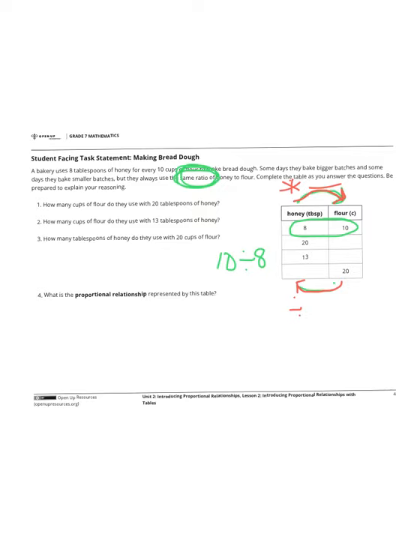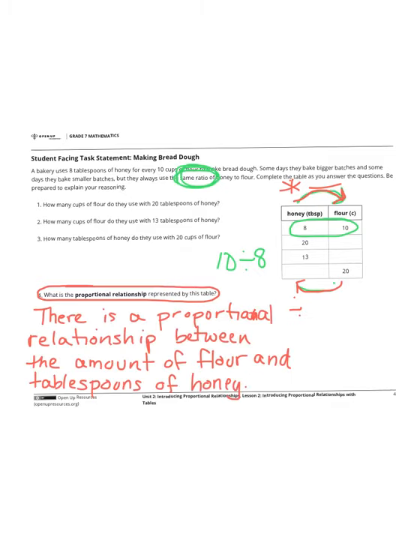And then as we get back together again, the question here says, what is the proportional relationship represented by this table? They're looking for you to put this into words. They want you to say something like, there is a proportional relationship between the amount of flour and the tablespoons of honey.